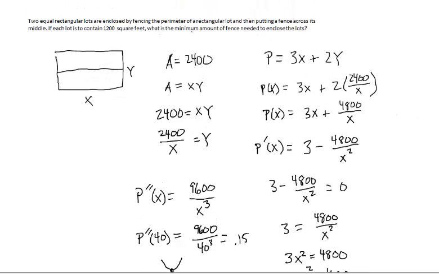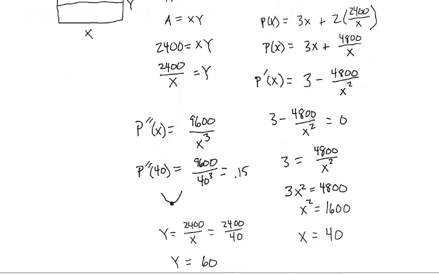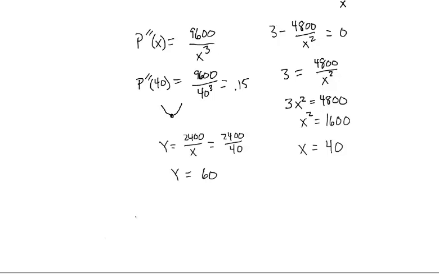They said, what is the minimum amount of fence needed to enclose the lot? So we need to use our perimeter function again, and we need to plug in the lengths of the pieces. So we have P is equal to 3x plus 2y, and now perimeter is equal to 3 times 40 plus 2 times 60.